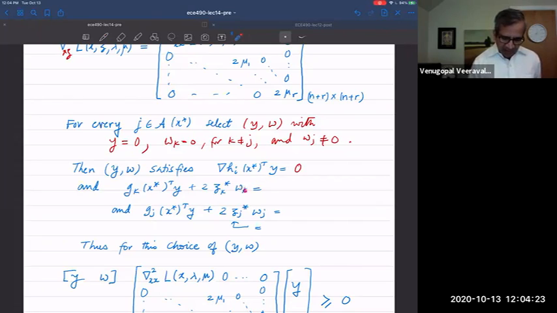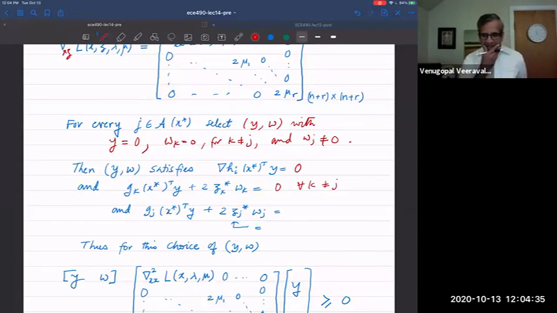And I made wk 0 for all k not equal to j, so this whole thing will be 0 for all k not equal to j. So now we are left with just one condition to check, the condition that involves gj.